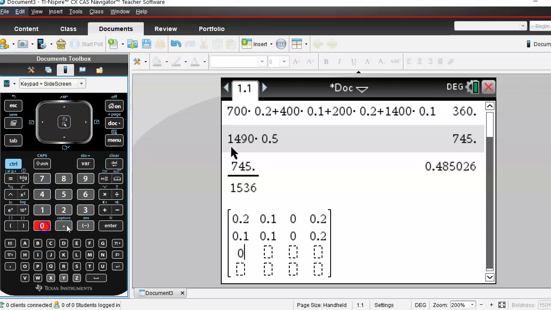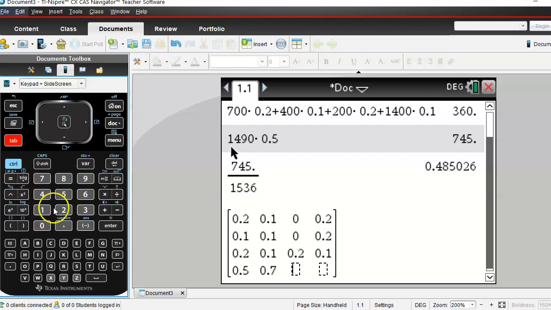So find ways to be quick, but you've also got to be accurate. 0.1, 0.5, 0.7, 0.8, oops, 0.8, and 0.5. Now I'm going to store that as a variable T because we're going to use that a lot.